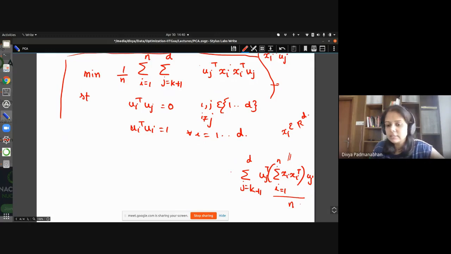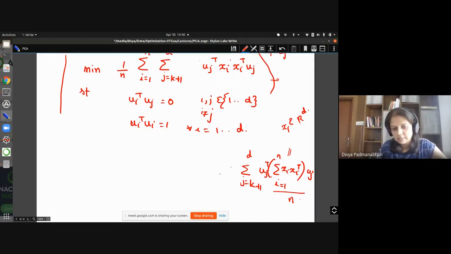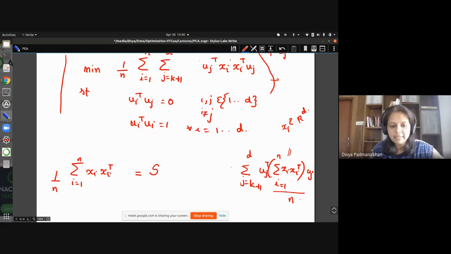So this part, summation i equals 1 to n, 1 by n of this, is what I will call a matrix S. This is actually given to me; these are the sample points from which you removed the mean. I'll just call it S.